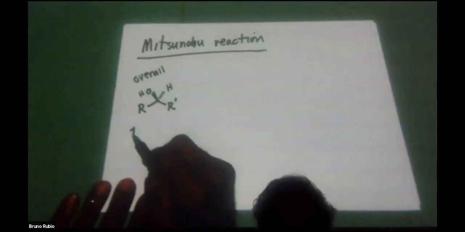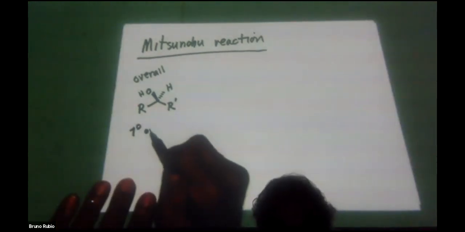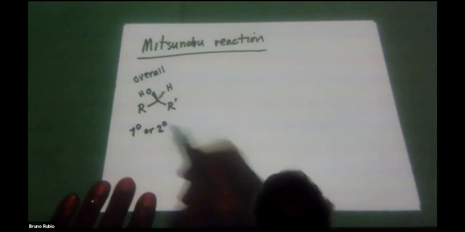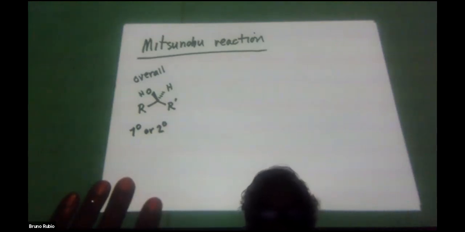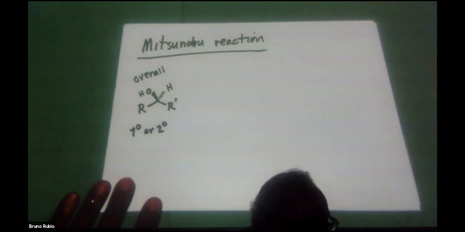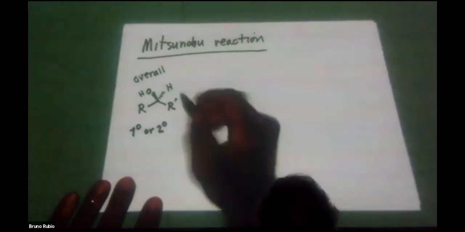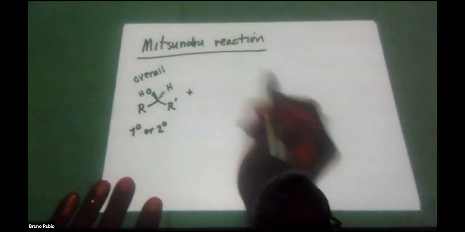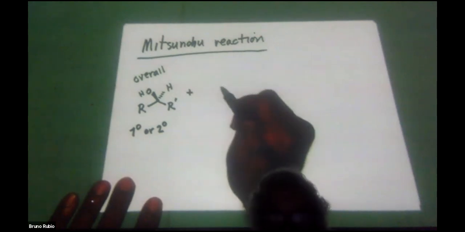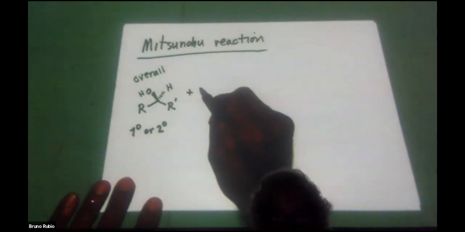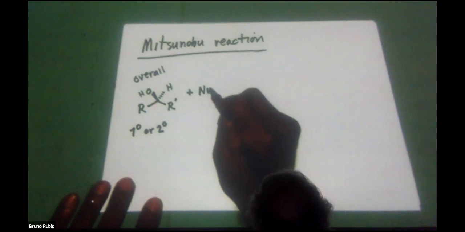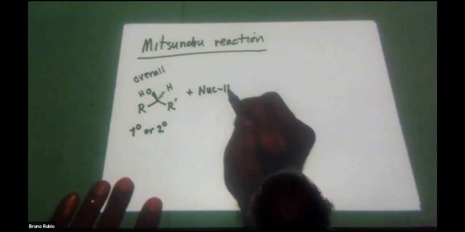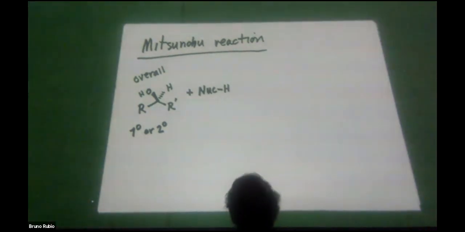All right, this has to be primary or secondary and never tertiary because an SN2 reaction is involved somewhere down the line. And then there is the protonated form of a nucleophile. I'm just going to call that H-nuc.